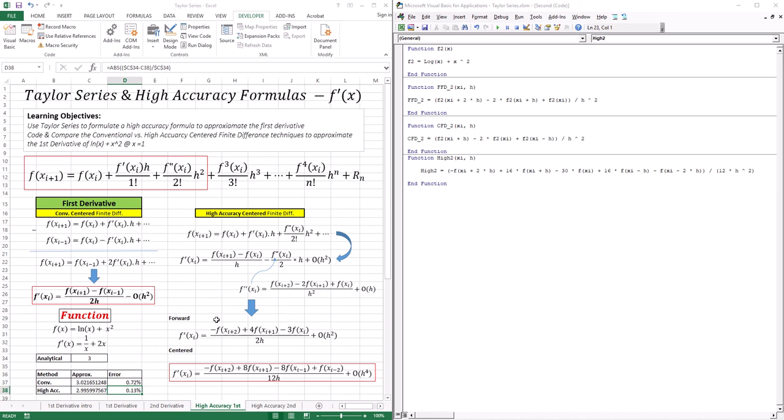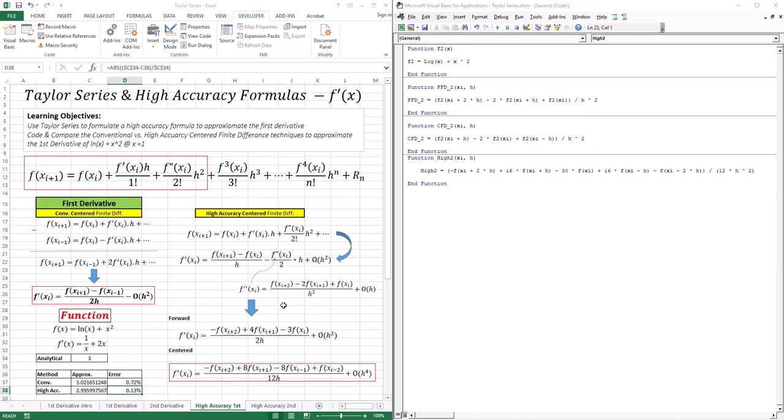Now, the first thing that you notice is that the truncation error for the high accuracy forward finite difference is h squared, and that is comparable with the conventional centered. So the high accuracy forward is as accurate as the conventional centered.